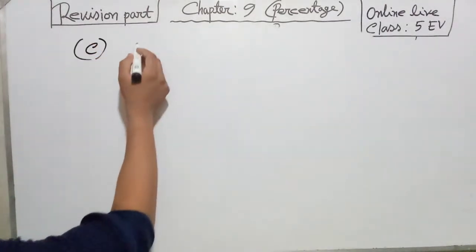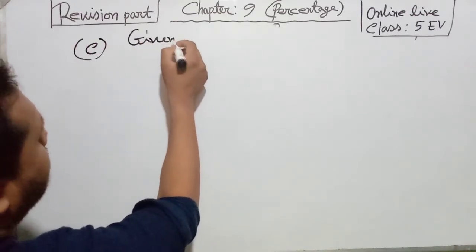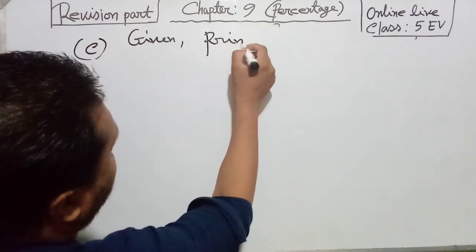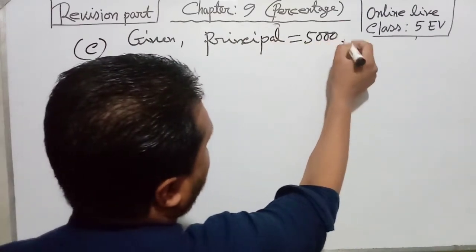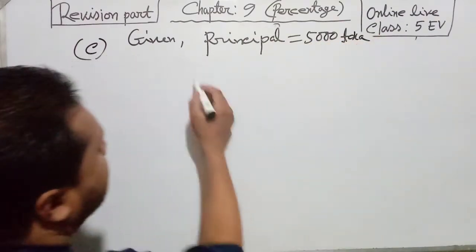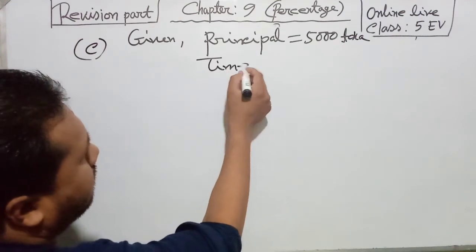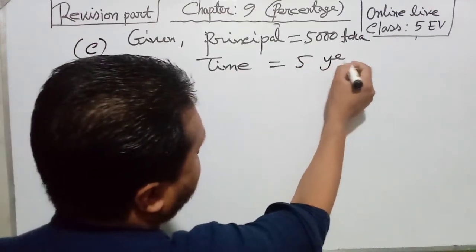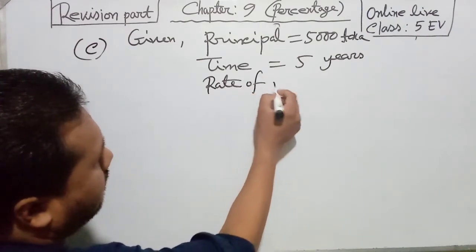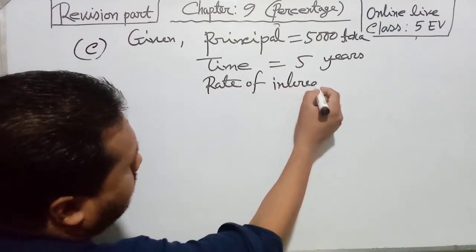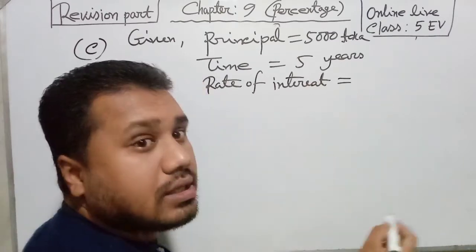C number also we can write given: principal 5000 taka, our time 5 years, our rate of interest this is 8%.